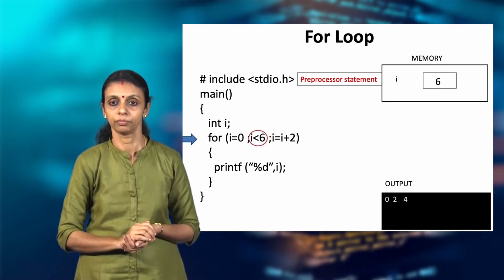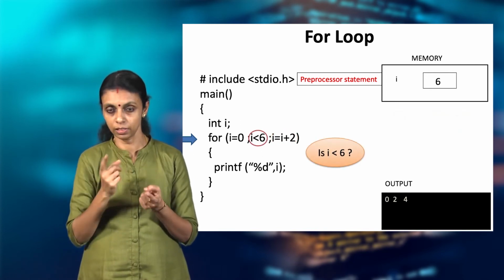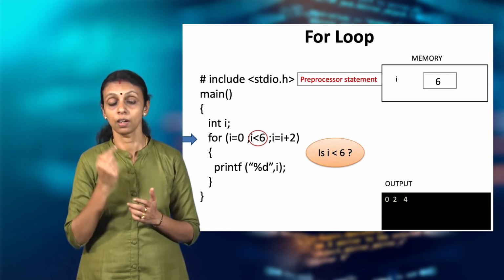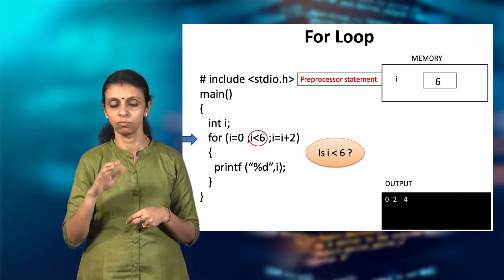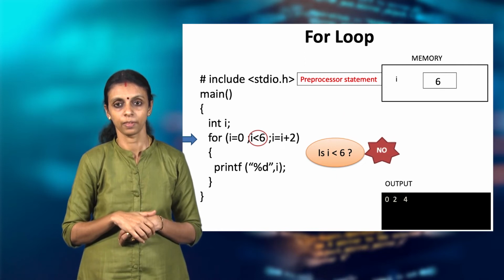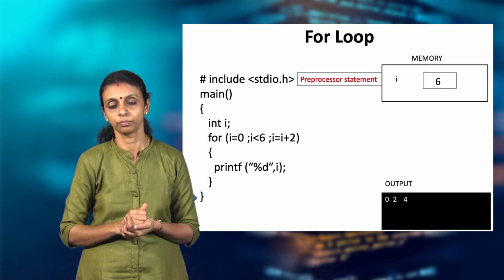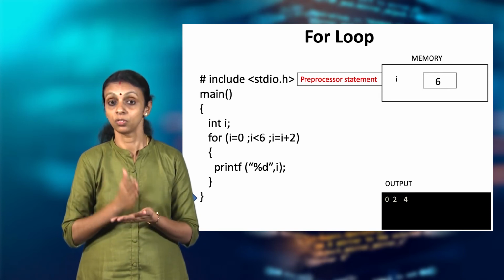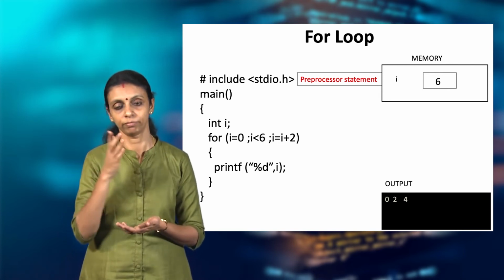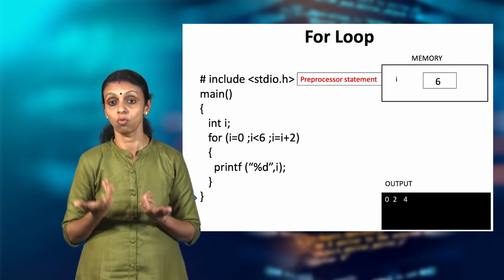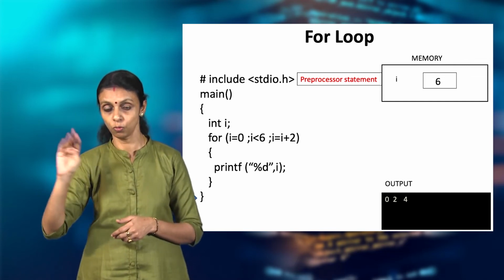Checks the condition, I less than 6? No. Now the loop stops. It stops executing the loop. So, the output is 0, 2, 4.